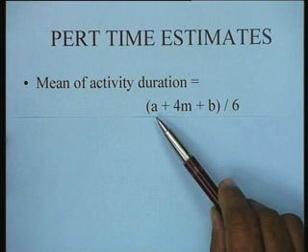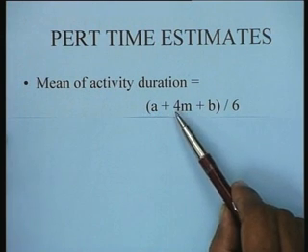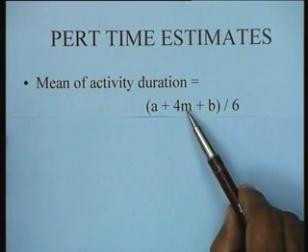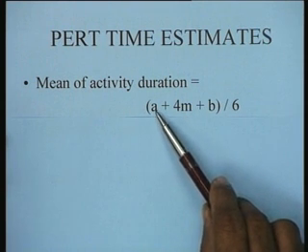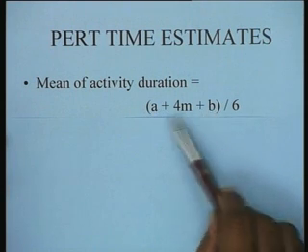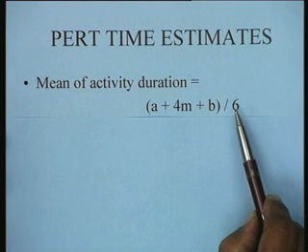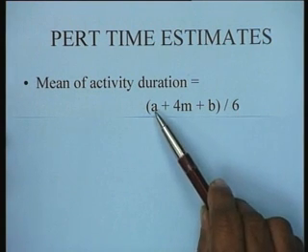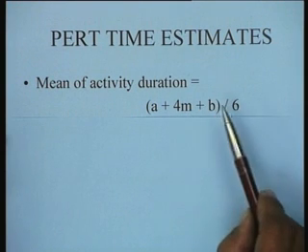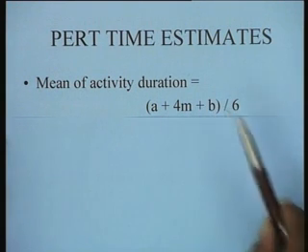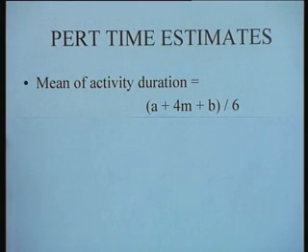So, it is like saying that we give 4 times the weightage to the most likely time as we give to the optimistic and the pessimistic times, and we divide the whole thing by 6. So, it is like a weighted average of the optimistic, the pessimistic and the most likely times, and we get this particular value of the mean of the activity duration.